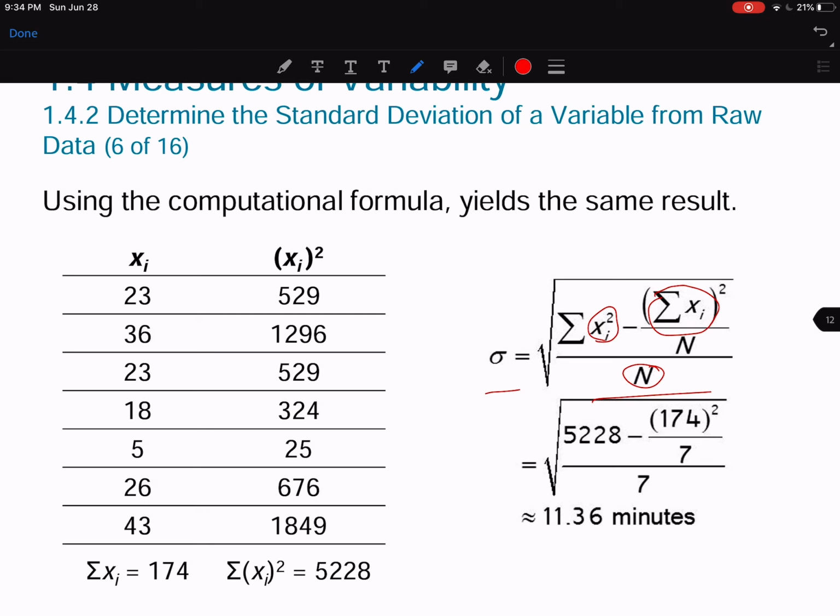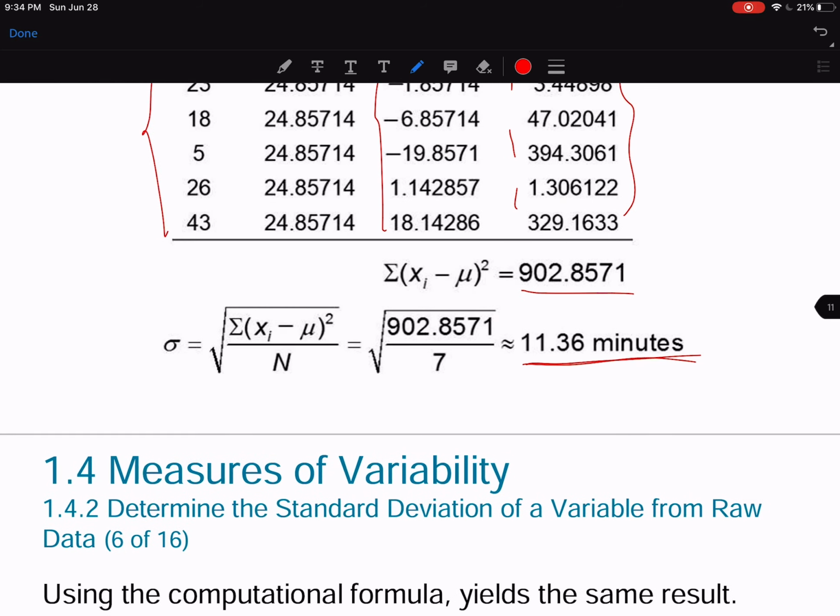We're done. So we get all of the x values, we add them all up to get the sum of all x values, which is 174. And then we have the square of each x value in this column here, and then we add them all up to get 5228, and then we plug both of them back into here to find the population standard deviation, which is 11.36, which is exactly the same as what we got over here.